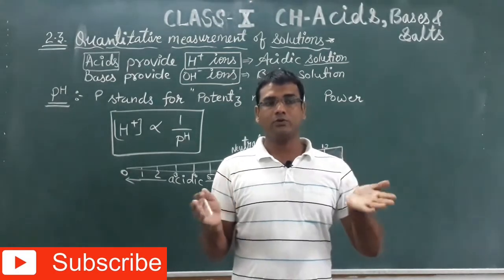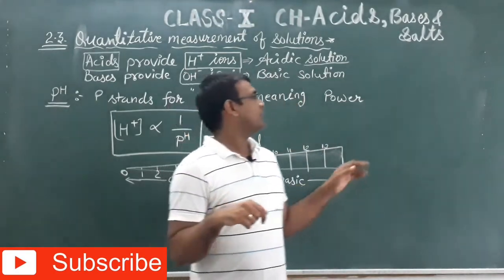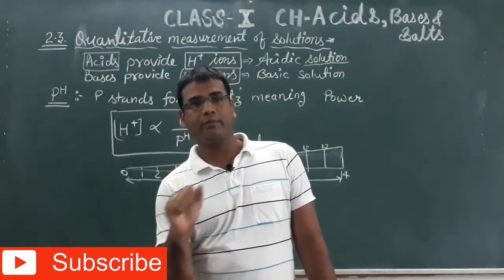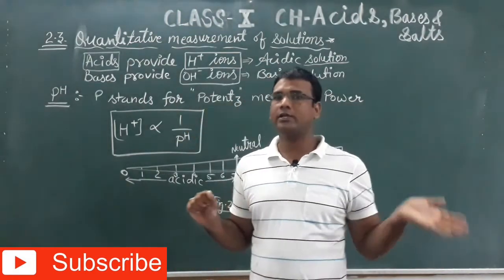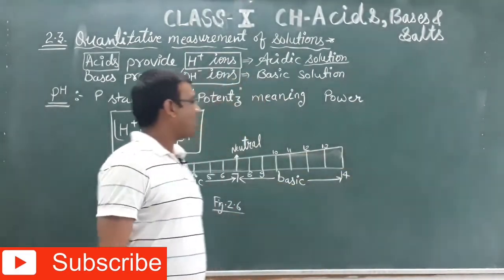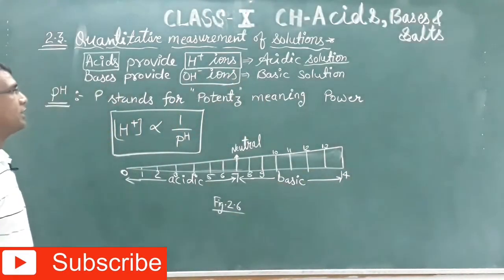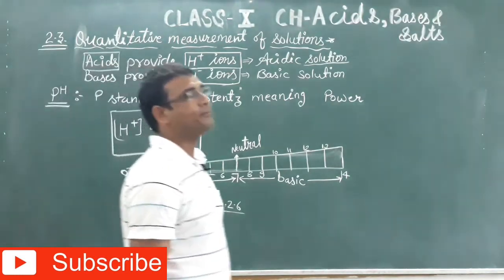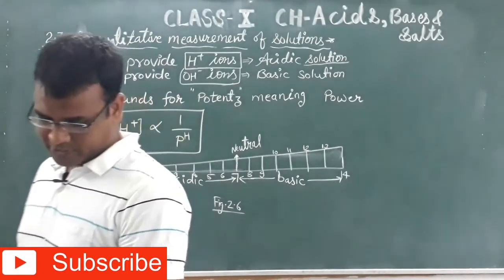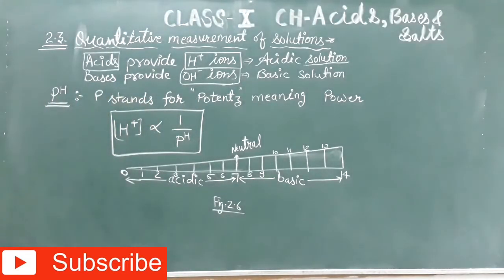That is called directly proportional. If you pull the throttle double, then the speed will also become double. So that is called directly proportional relation. So this is the concept of quantitative measurement of pH.